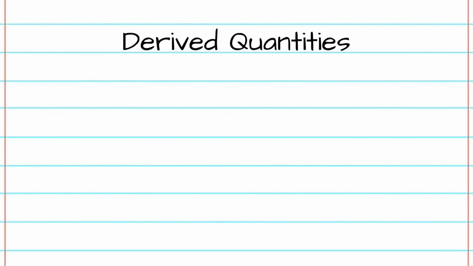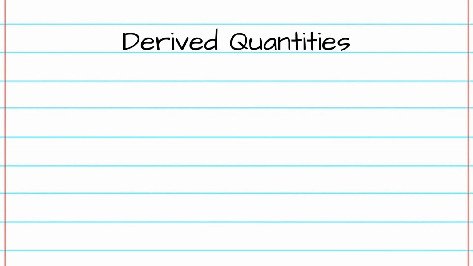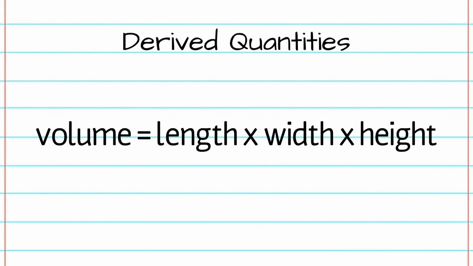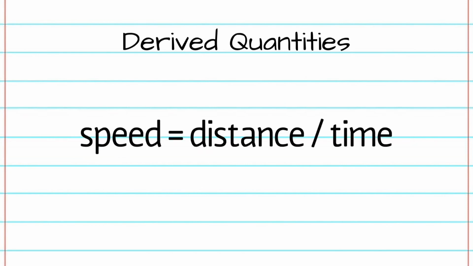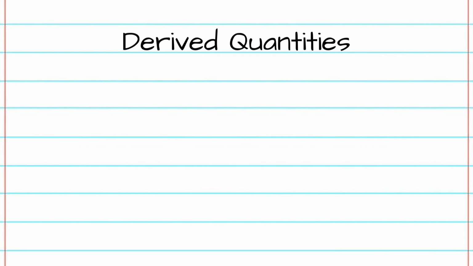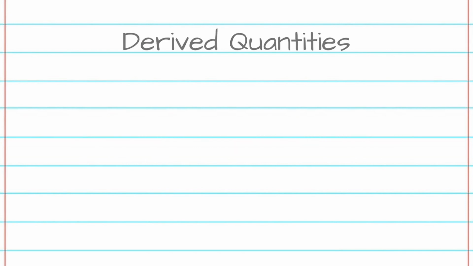Examples of derived quantities: area is equal to length times width, or volume, with the formula length times width times height, or speed, when distance is divided by time, and density is when mass is divided by volume.